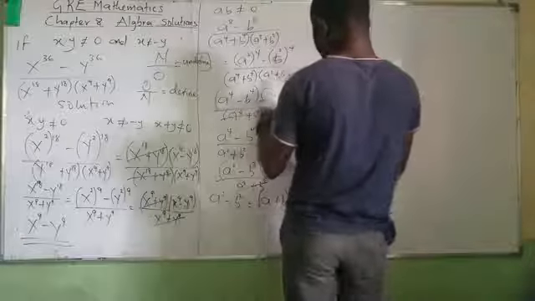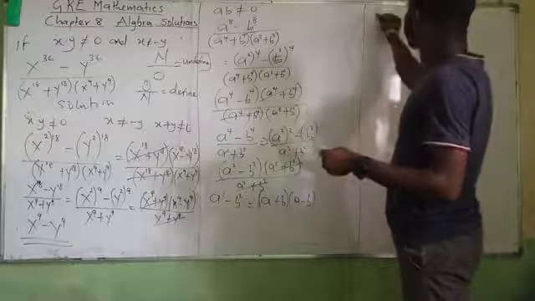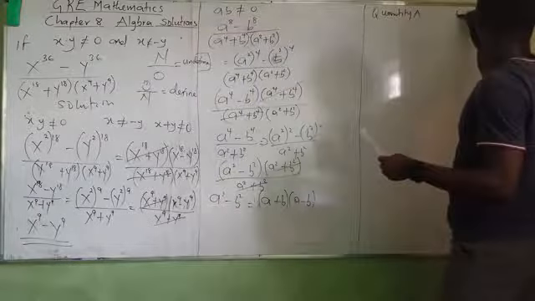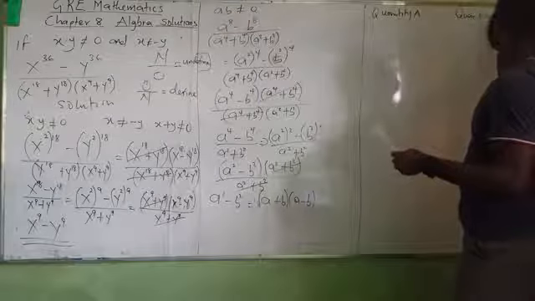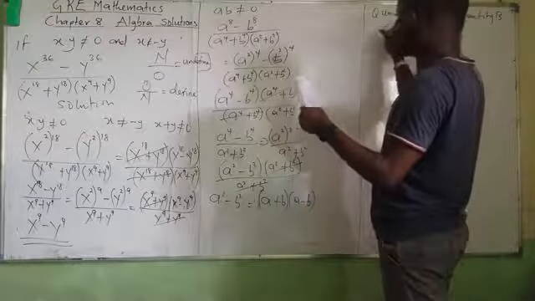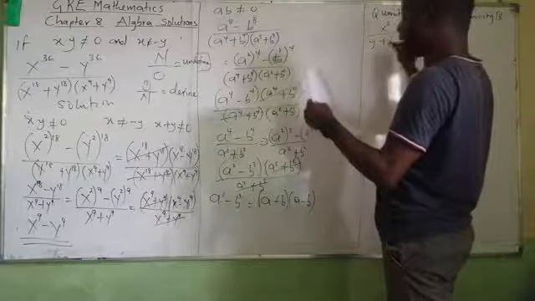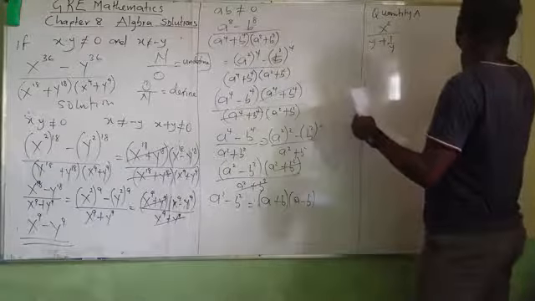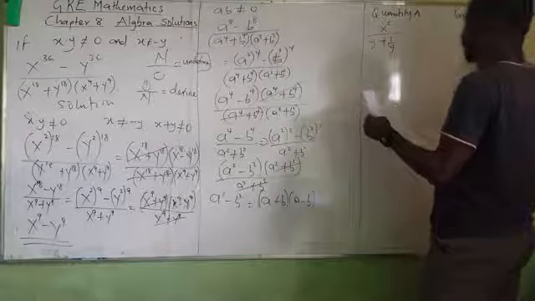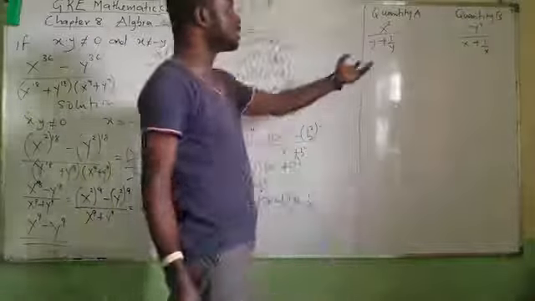Now, look at this particular statement. My quantity A and quantity B. Now, my quantity A is x squared divided by y plus 1 over y, and y squared divided by x plus 1 over x. Now, you want to know the relationship between them.